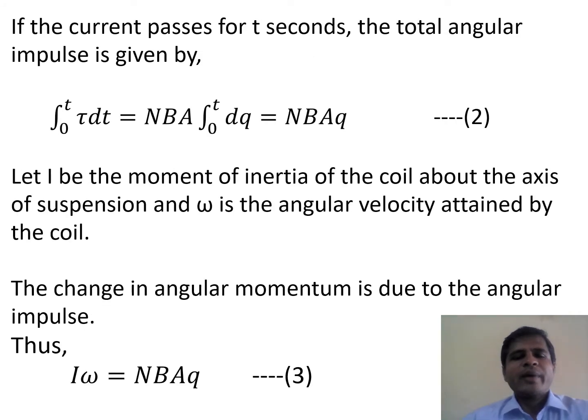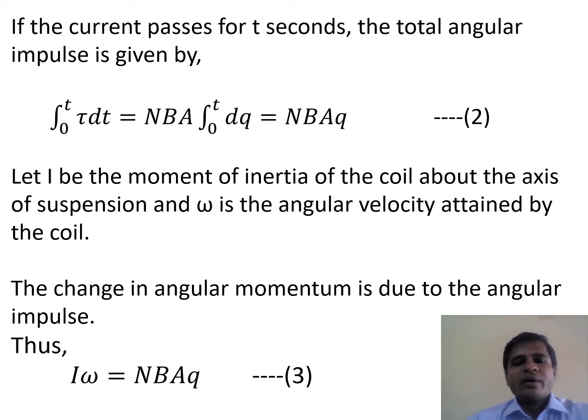If the current passes for t seconds, the total angular impulse is given by integrating tau dt over 0 to t. Now substituting the value of tau dt from the previous slide, that is N into B into A into dq. So here N into B into A are outside the integral sign because these terms are constant.